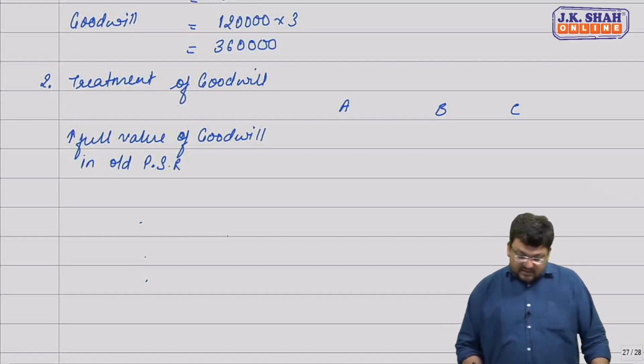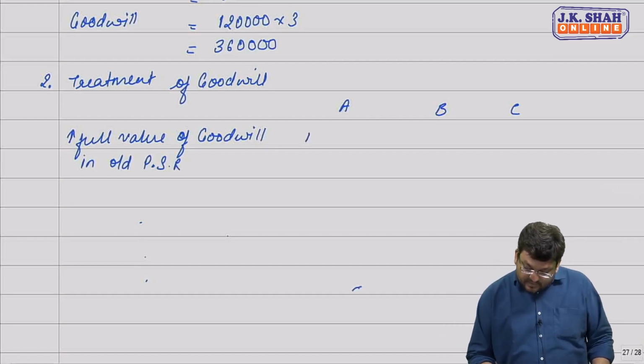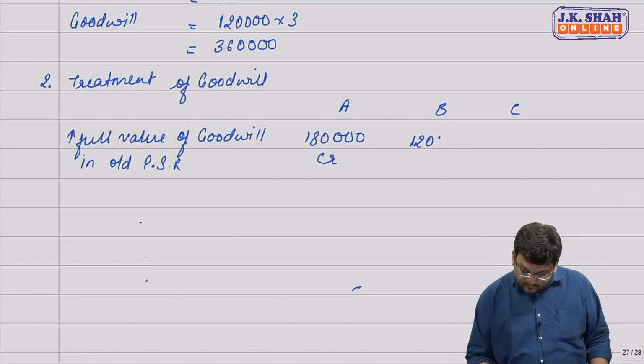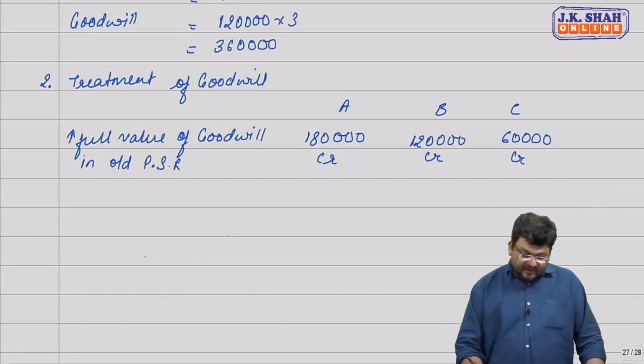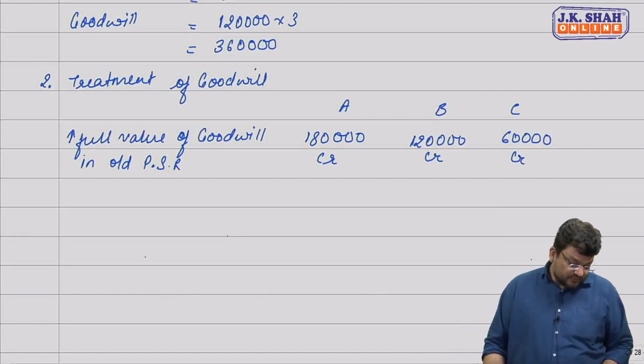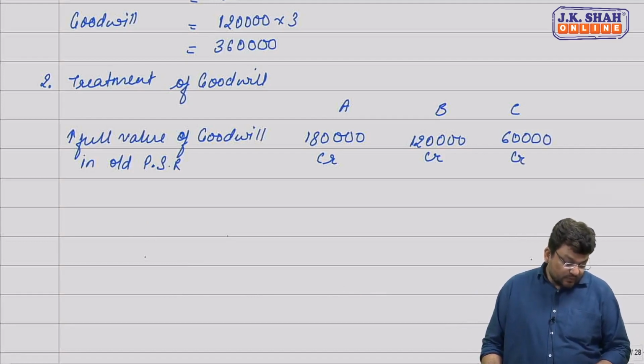So 3,60,000, that is full value of goodwill, will be raised in the ratio 3:2:1. And then we'll be writing off full value of goodwill in their new profit sharing ratio.